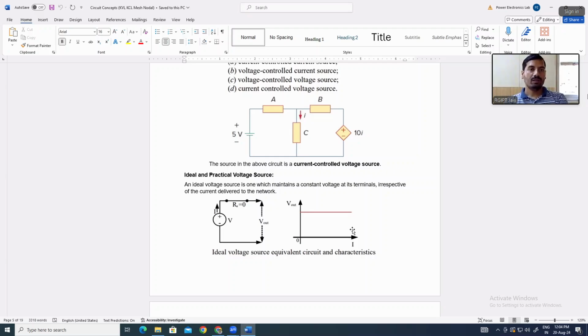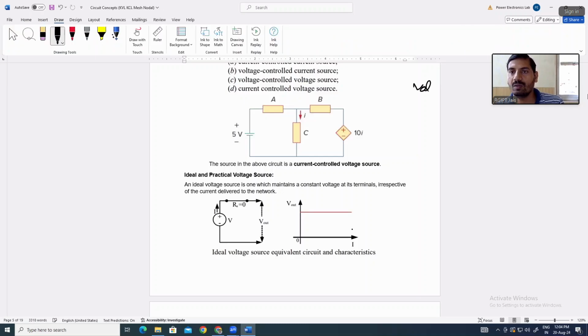And we have also seen that if we have a voltage source, the electrical equivalent of the voltage source will be like this.